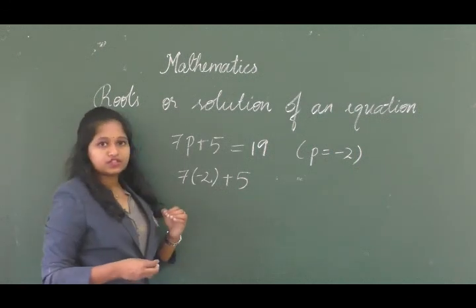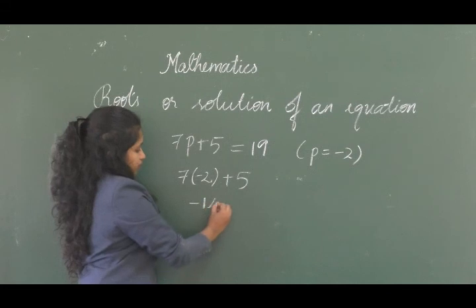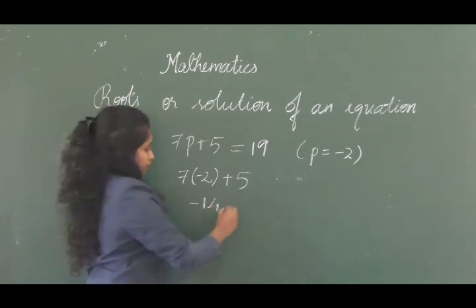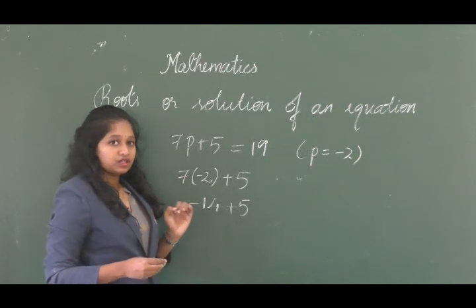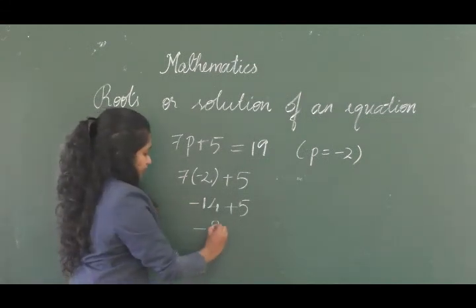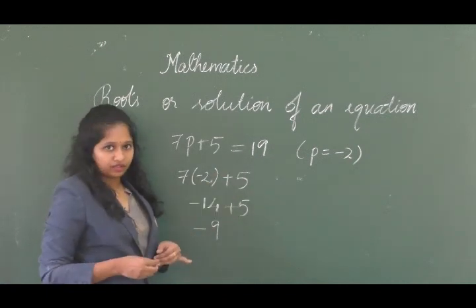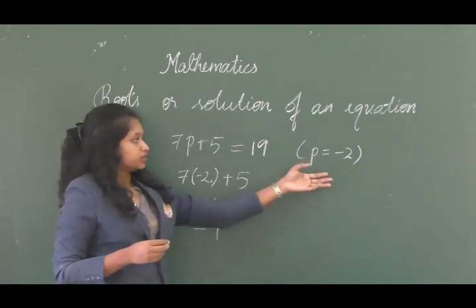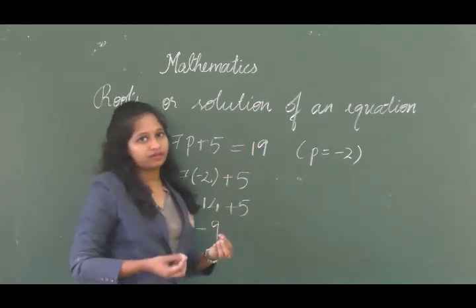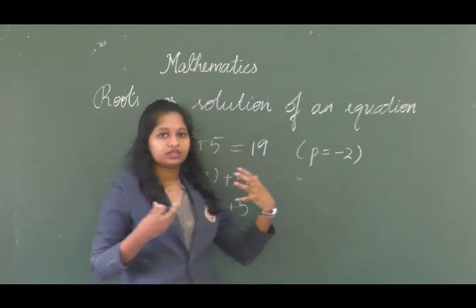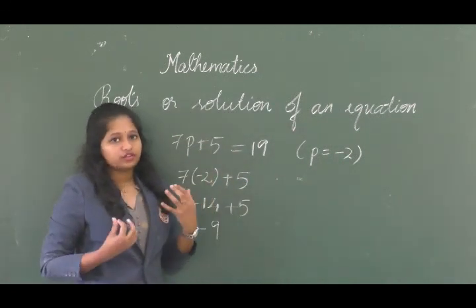What is 7 into minus 2? It is minus 14. Minus 14 plus 5 is minus 9. That means we did not get 9. So the solution they gave is not correct. This is how we can check whether the solution is correct or not.